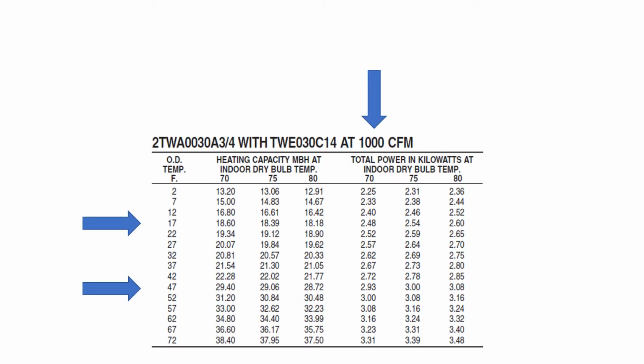This is another very popular style of heating capacity output chart. This one does show 5-degree increments, but it also shows a 17 and 47 degree rating for high and low. This one does give you the cubic feet suggested by the manufacturer. In this case, the 2.5 ton is rated at 400 cubic feet per ton, or a total of 1,000 cubic feet per minute.